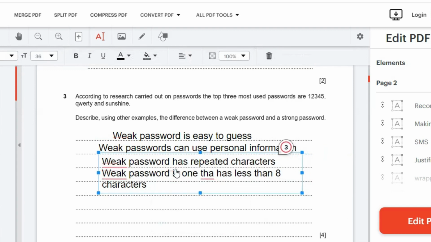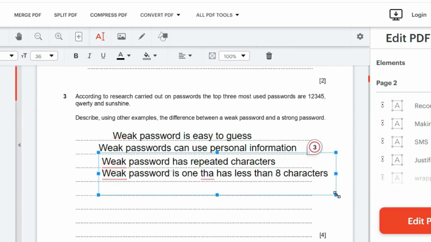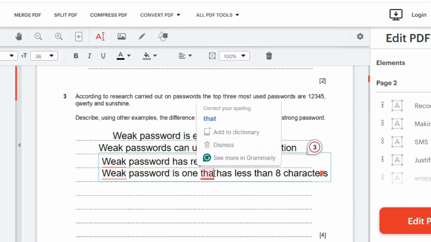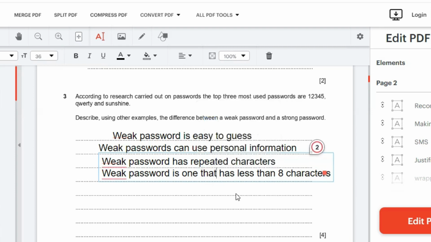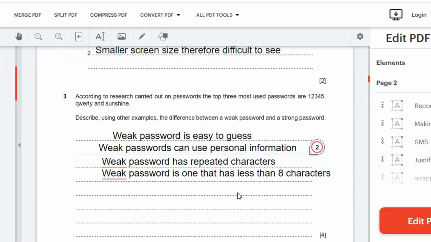So we say weak password is easy to guess. Weak passwords can use personal information. Weak password has repeated characters. Weak password is one that has less than 8 characters. We have others. Weak password has characters next to each other on a QWERTY keyboard. That's another characteristic of a weak password.